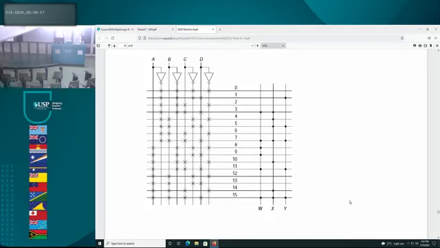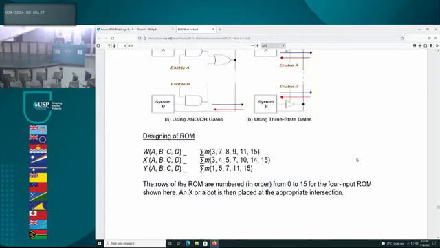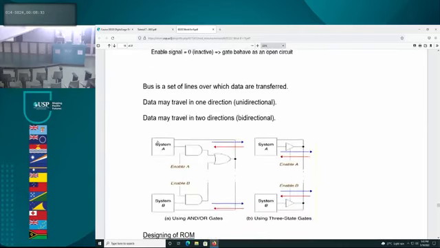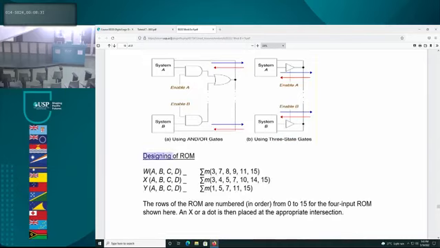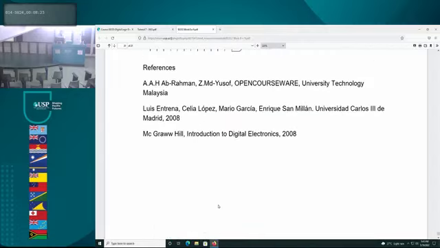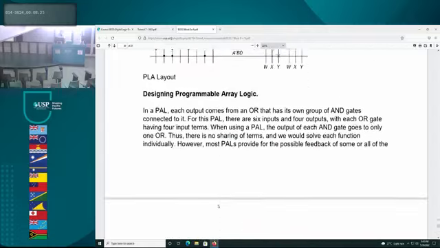You select certain areas of memory. So you put the address in, so let's say 110, address 6, so memory number 6 has to go on. So that's how this particular system works. We will look at this later on in the semester if we get time. So for now, out of interest, we will stop here. Designing of ROM is for your interest only.